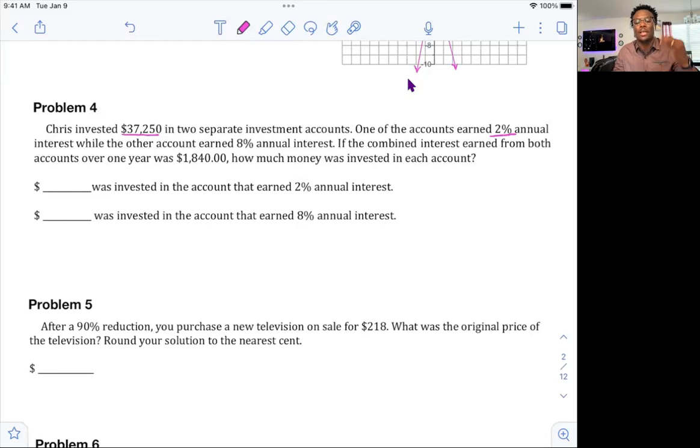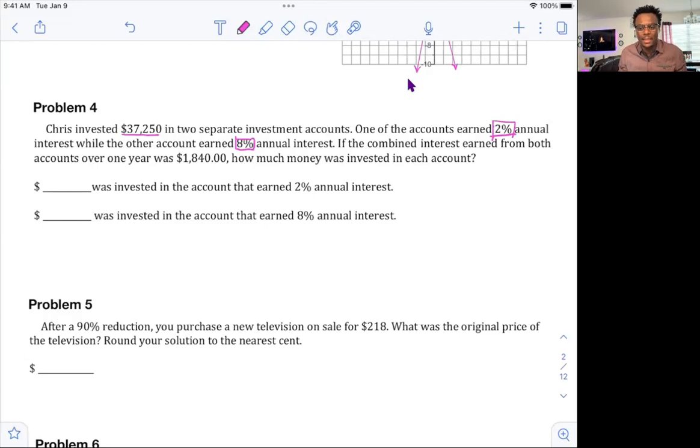So if you have invested $5 in this account, the interest you earn at the end of the year is 2% of this $5, which we don't know yet. We don't know how much is invested in each account. We only know the total, all of them combined, which is 37,250. And then we know also that 8% of the amount invested in this account is earned by the end of the year.